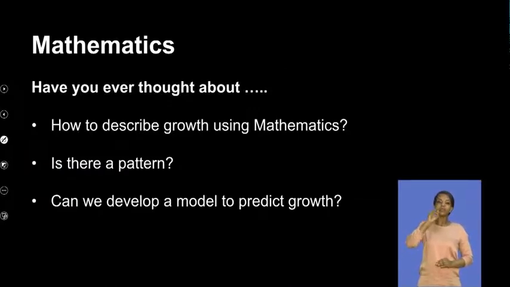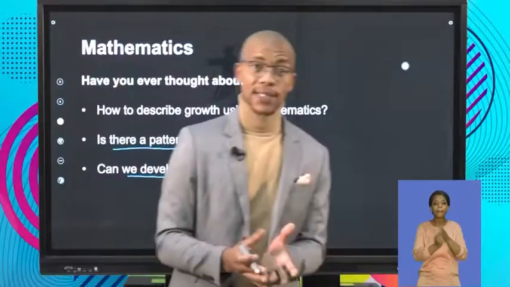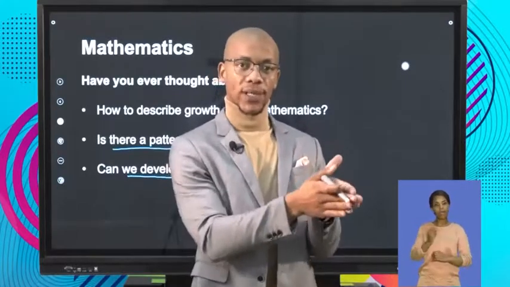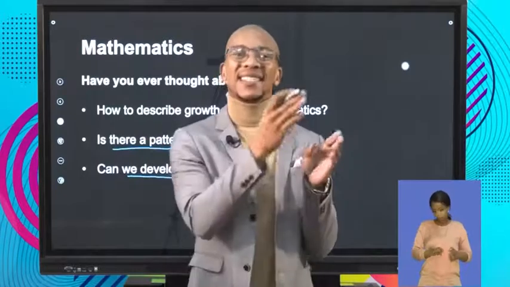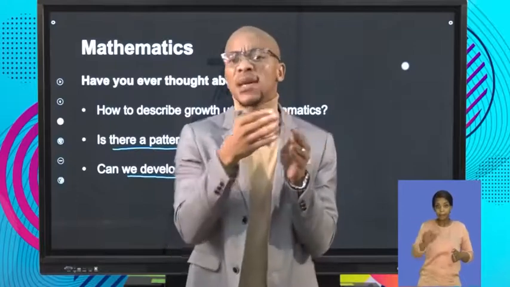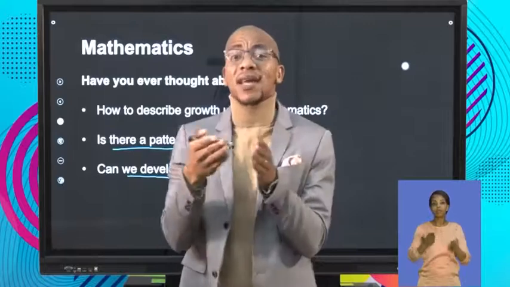Now what I want you to look at is, when you're talking about growth, you need to look at whether there is a pattern, and also whether we can develop a model to predict the growth. When you're talking about a pattern, from this initial point to the second point, to the third point, to the fourth point, is there a constant pattern that we can look at? Is there maybe an exponential pattern? Or is there just a random pattern?